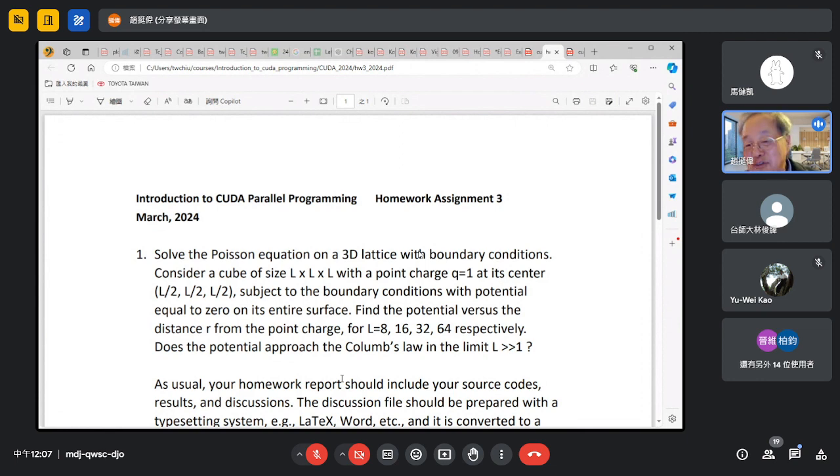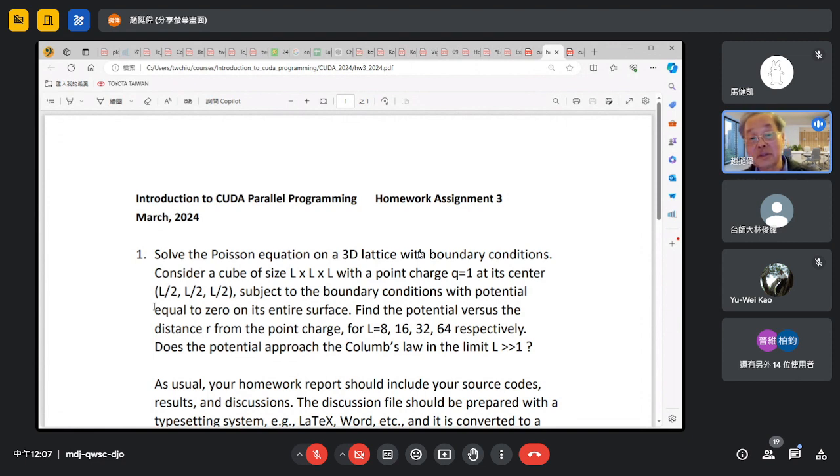No matter how you handle the position of the charge, it doesn't matter, as long as the boundary goes very far and the potential goes to zero, agreeing with Coulomb's law, 1 over r, as r goes to infinity.